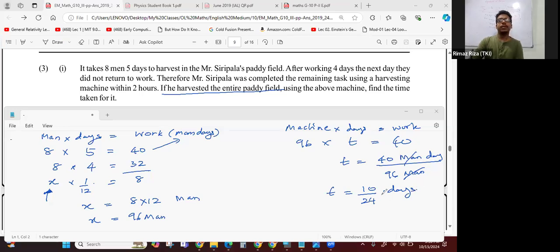So a day is equal to 24 hours. So we can write this as 10 over 24 into 24 hours. So 24 and 24 cancel. Therefore time is 10 hours. So it will take 10 hours for this single machine to finish the entire task.